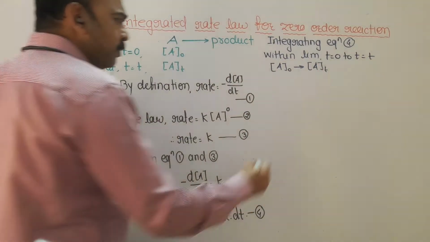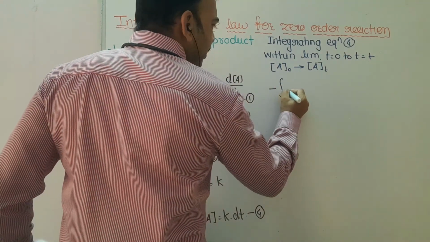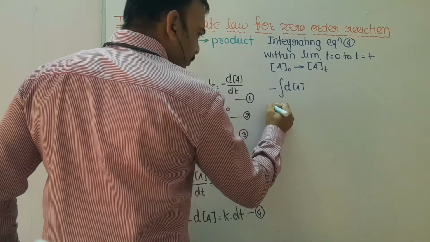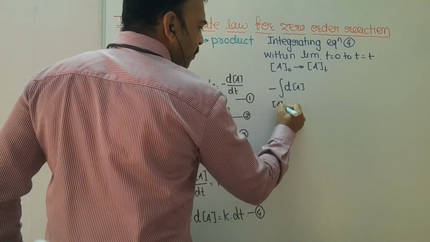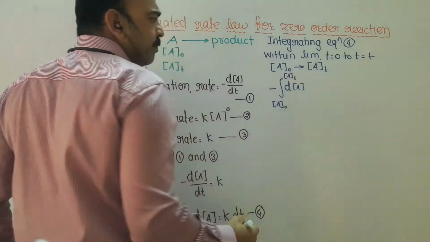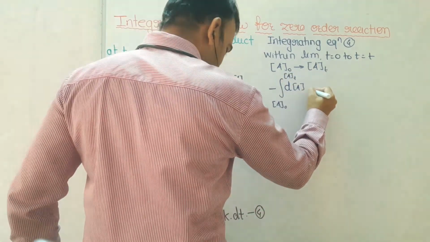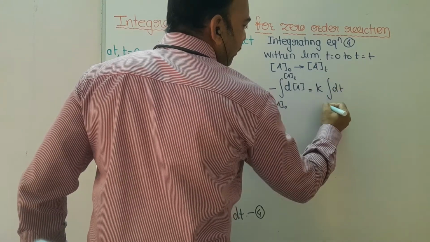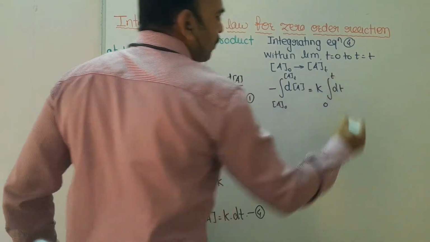So minus integration of dA from A0 to At equals k into integration of dt from 0 to t.